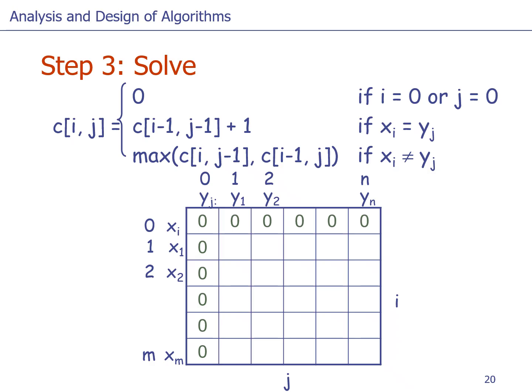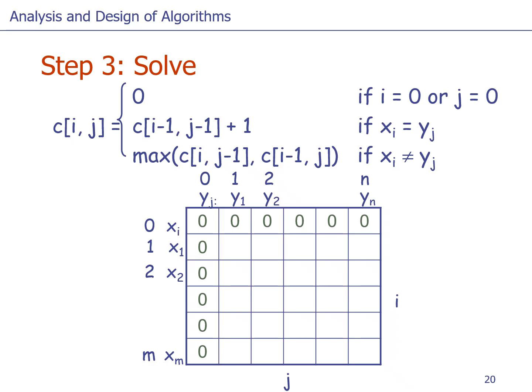Now, if the X sub i and the Y sub j match, I'm looking at letters that are actually matching. What I'm going to do is grab the value of the LCS without those two letters, without the i and the j letters. So I am going to look at the cell i-1 and j-1, which simply means looking diagonally, and I'm going to add 1 to that.